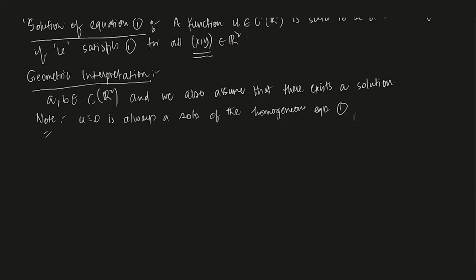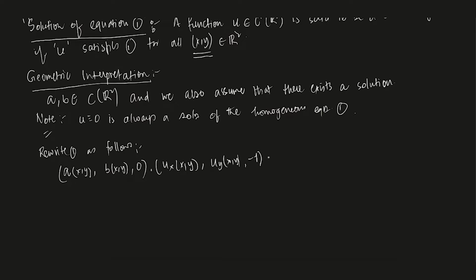So let's look at the geometric interpretation. We rewrite 1 as follows. I will write it like this: (a(x,y), b(x,y), 0) dot (u_x(x,y), u_y(x,y), -1) equals 0.